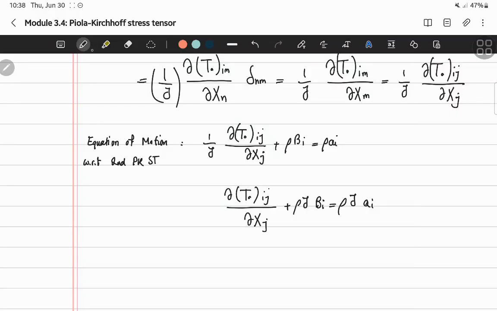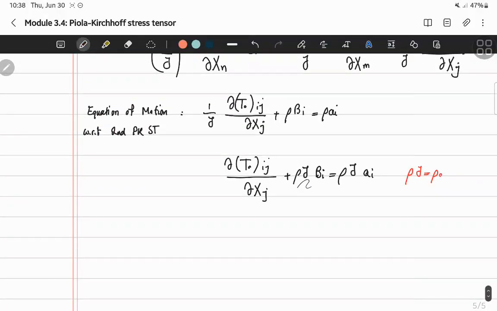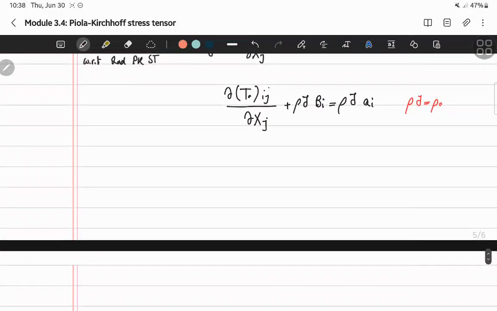So from the previous module, I mean module 2 or chapter 3 of the book, we already showed that rho j is equal to rho 0. So I can replace this with rho 0.